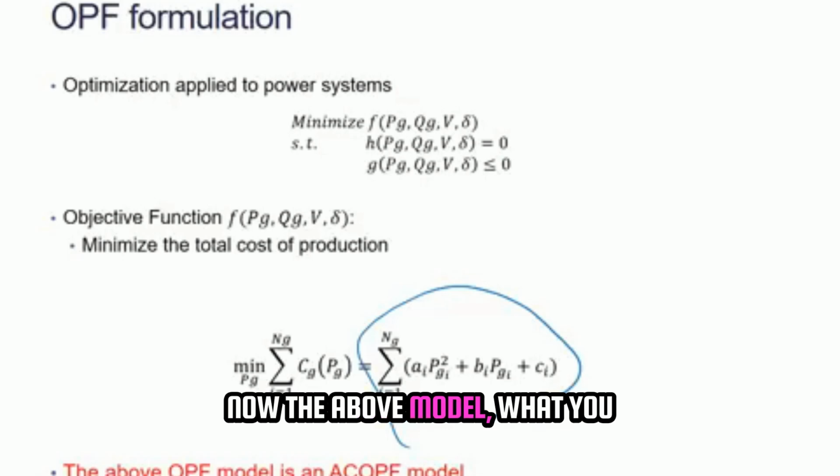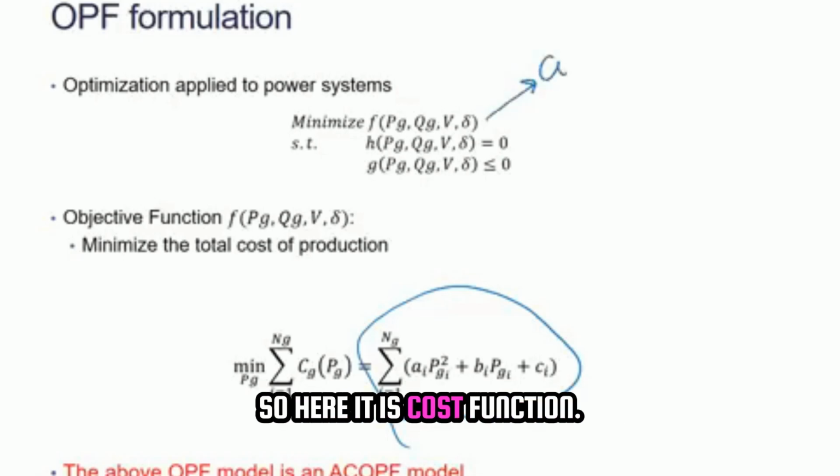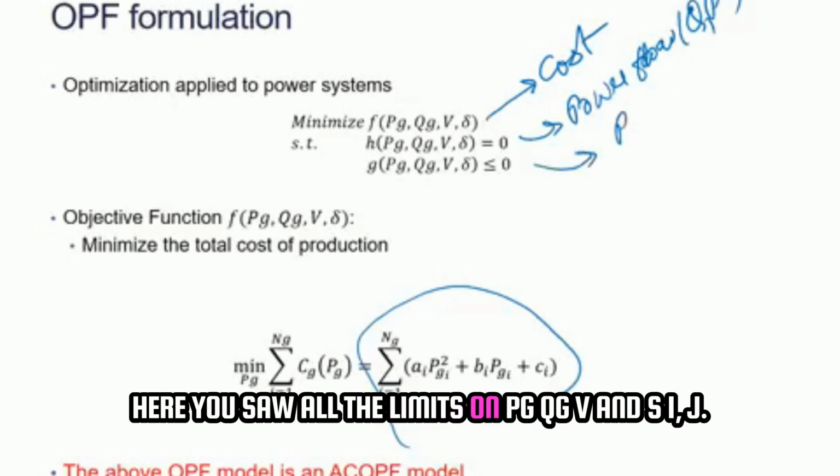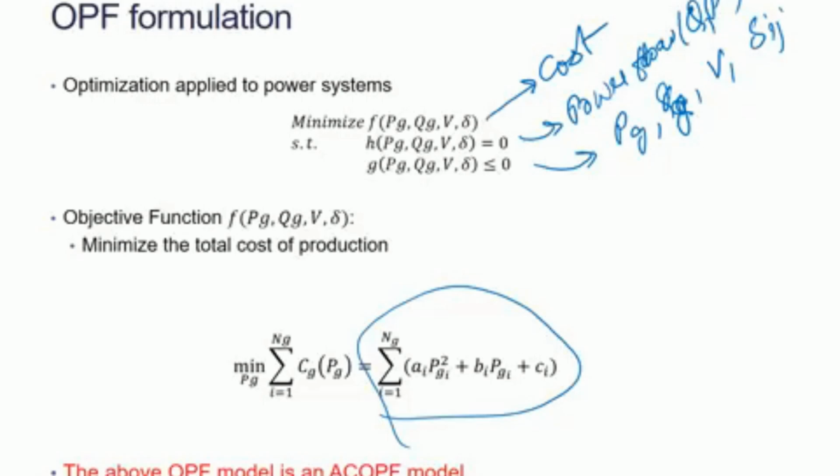Now the above model, what you saw: here it is the cost function, here it is the power flow equations, both for Q and P. Here you saw all the limits on PG, QG, V and Sij.